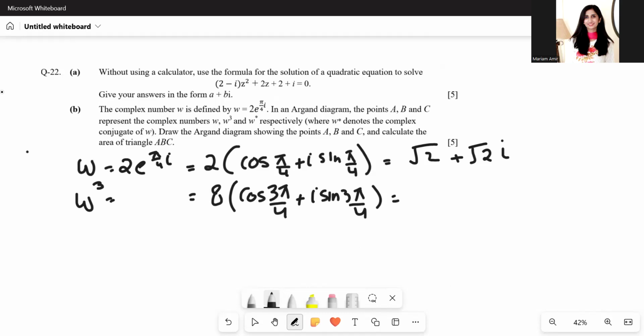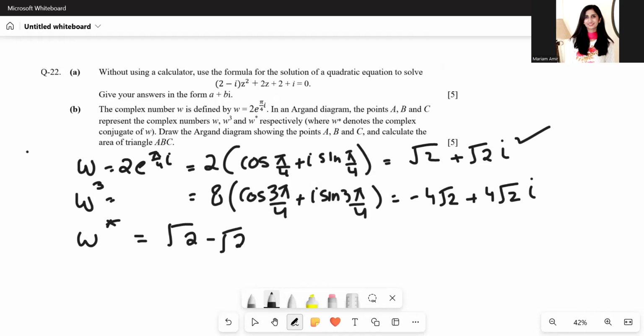Again, we have to change this into x plus iota y form, which gives negative 4 root 2 plus 4 root 2 iota. And then W conjugate is going to be the complex conjugate of W, so square root of 2 minus square root of 2 iota.